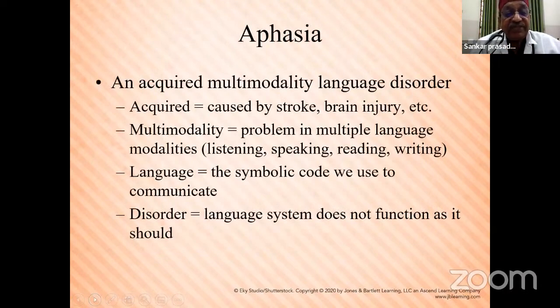Aphasia now, an acquired multimodality language disorder. It's caused by stroke, brain injury, etc. There is a problem in multiple language modalities: listening, speaking, reading, and writing. Language, the symbolic code we use to communicate, as I said earlier, does not function as it should in the disorders of aphasia.